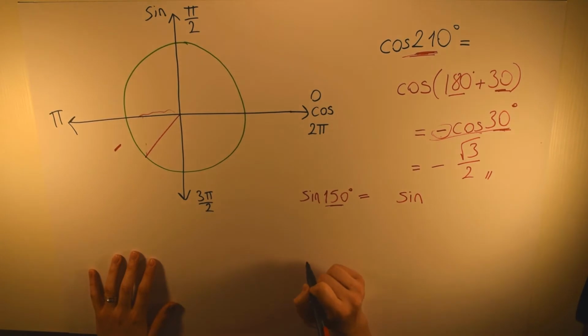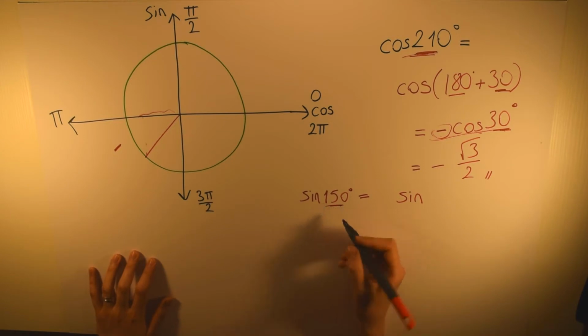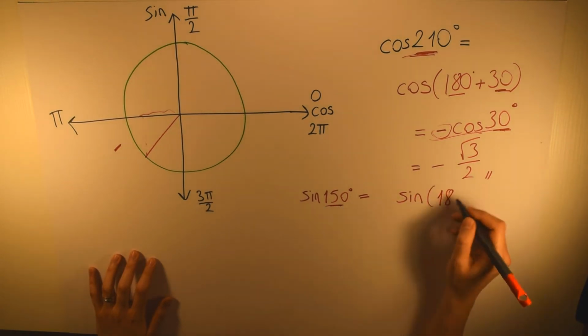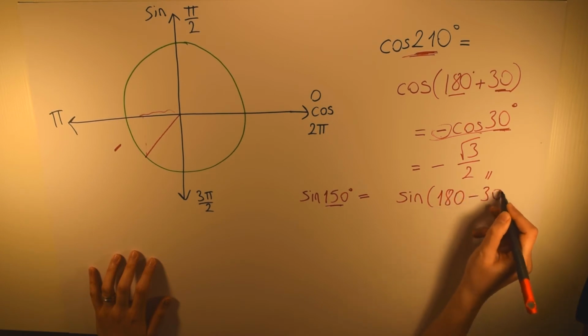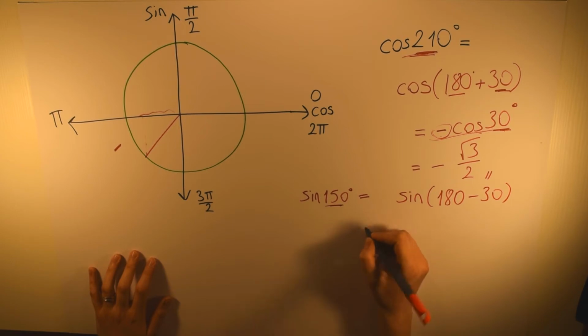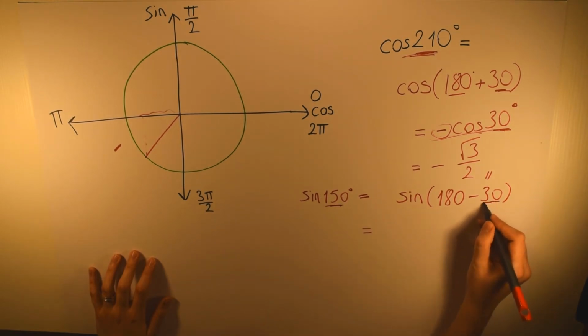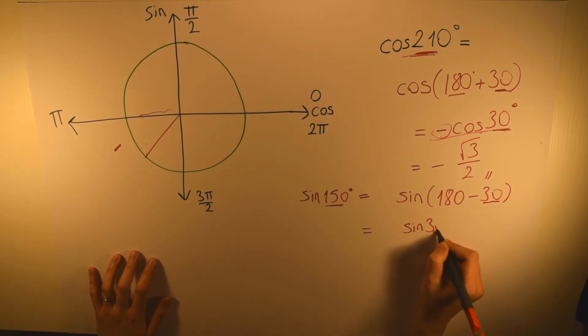It's 150 degrees, which is again close to 180 degrees. So I can write this as 180 minus 30, right? Perfect. So this is the part I need. So it will be sine 30.